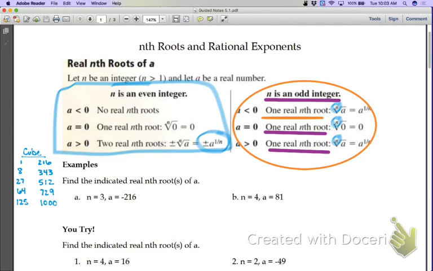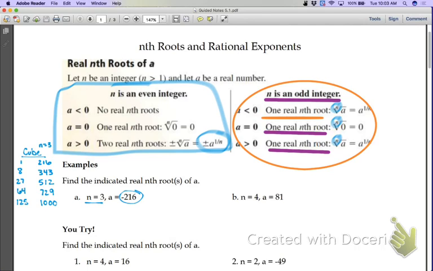So if I want to know what number times itself 3 times gives me negative 216, of my perfect cubes, whenever I deal with a cube, that's whenever n is equal to 3. So anytime it says n is equal to 3, I'm going to deal with a cube. Do I have 216 in my list?